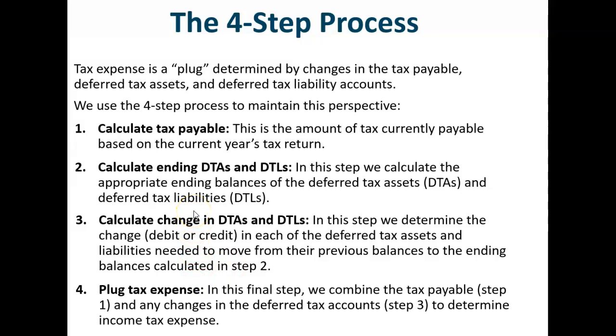And step 4, plug the tax expense. In this final step, we combine the tax payable in step 1 and any change in deferred tax asset or liability accounts in step 3 to determine income tax expense.